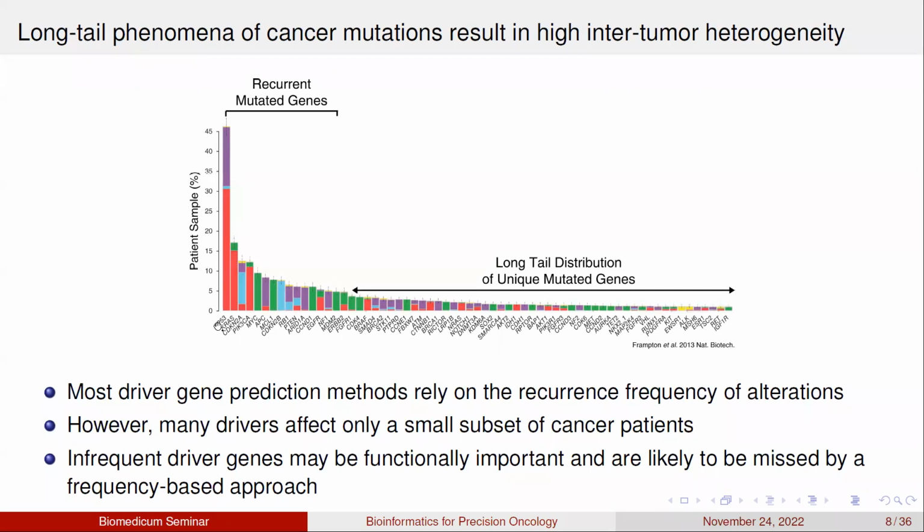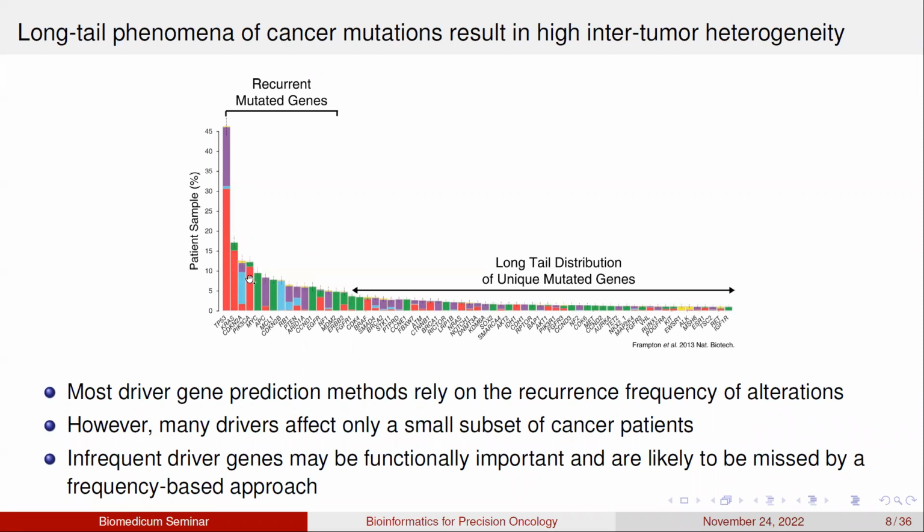For example, TP53 is a prime example, most commonly mutated in a number of different cancer patients. But the other genes are mutated in only a very small fraction of patients. So it is very easy to identify highly recurrent mutations, and of course those are important.